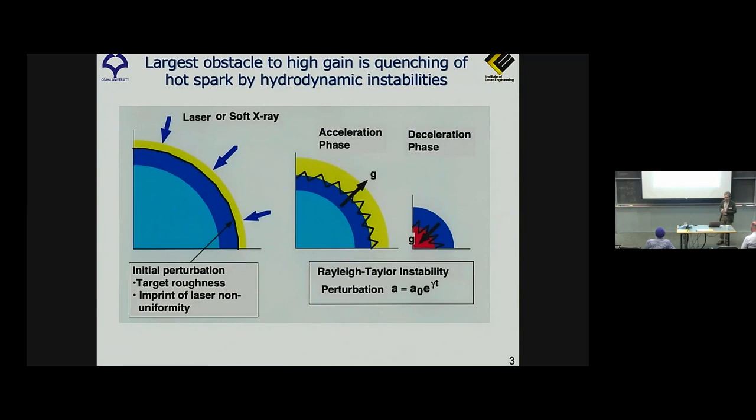Those perturbations are amplified by Rayleigh-Taylor instability in the acceleration phase, and again amplified at the deceleration phase at the final stage.